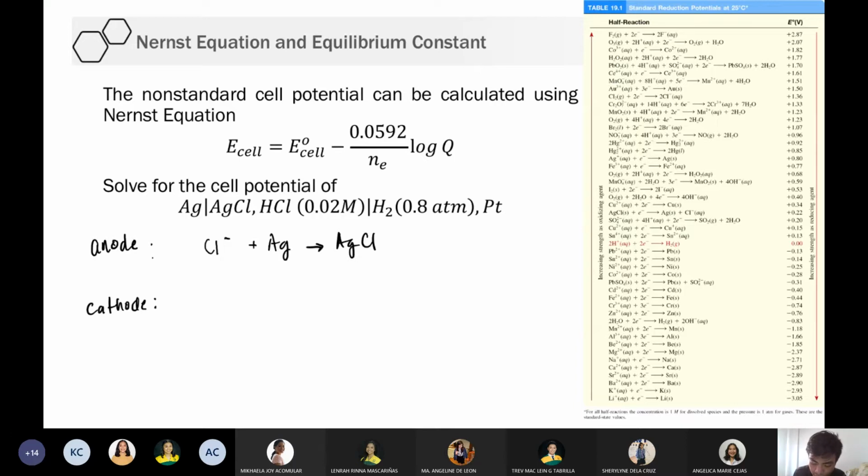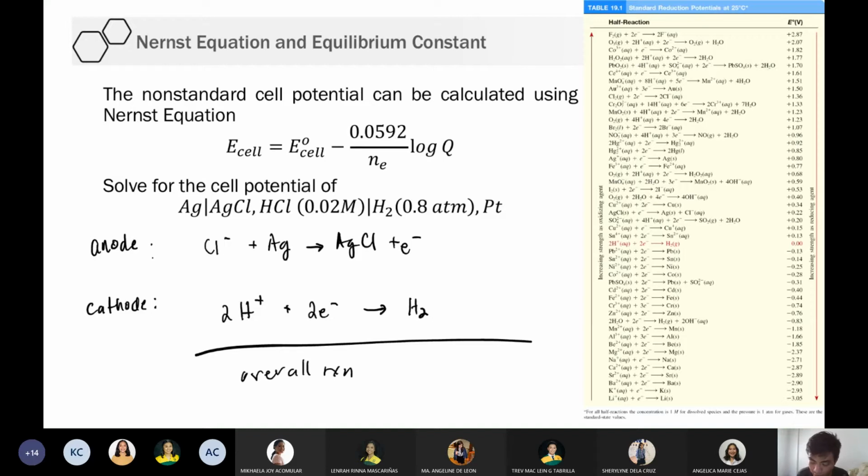So this is the half equation. And ito naman sa isa. Okay. So these are the equations in the anode, in the cathode. Combine them so you will know the overall reaction.